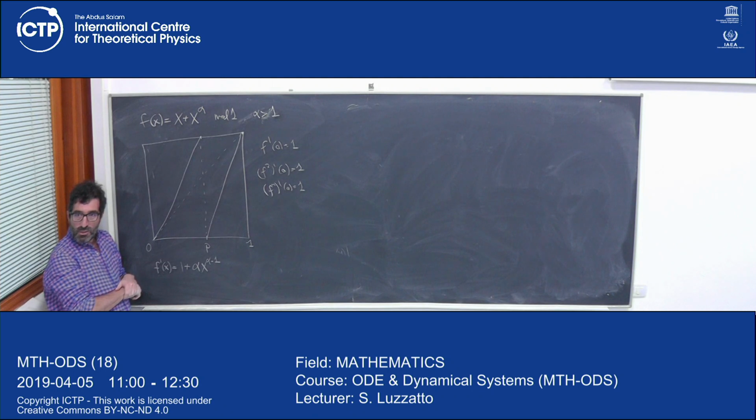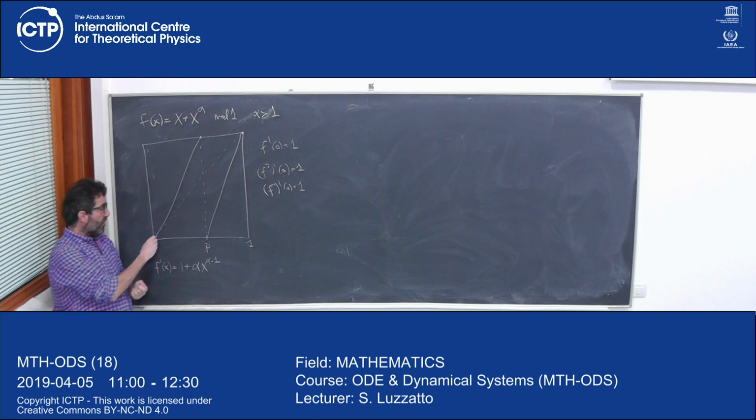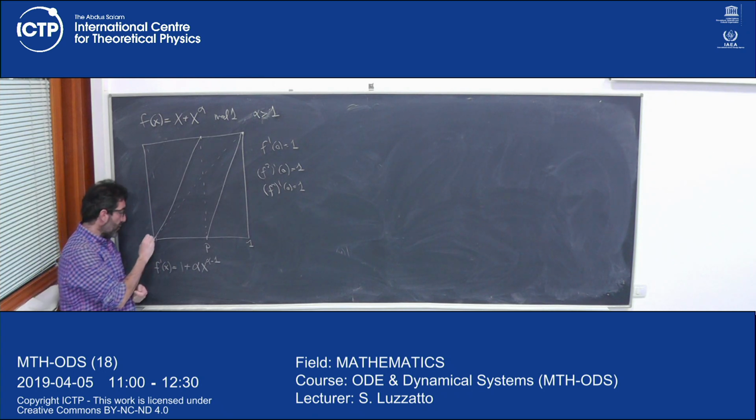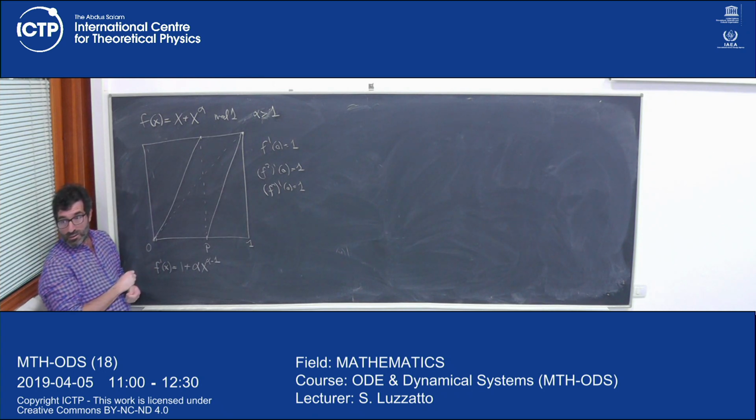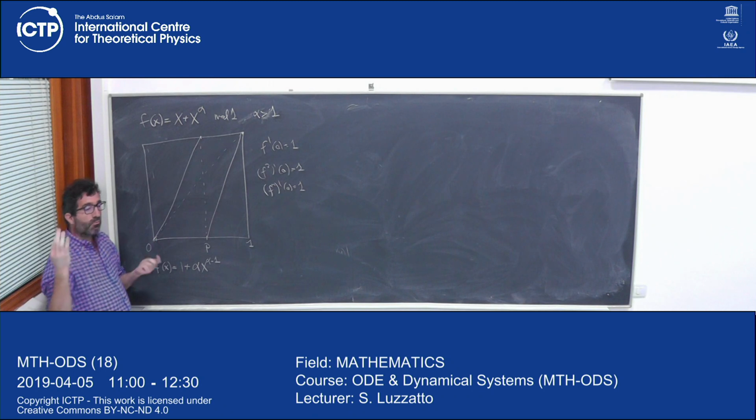So this map does not have bounded distortion. If you think of this partition element, however small it is, it is mapping this interval to everything here. So there must be some points where the derivative is very large, but there's always one point where the derivative is 1. So if you look at the ratio between the derivative at 0 and the derivative at some other point in here, it blows up to infinity.